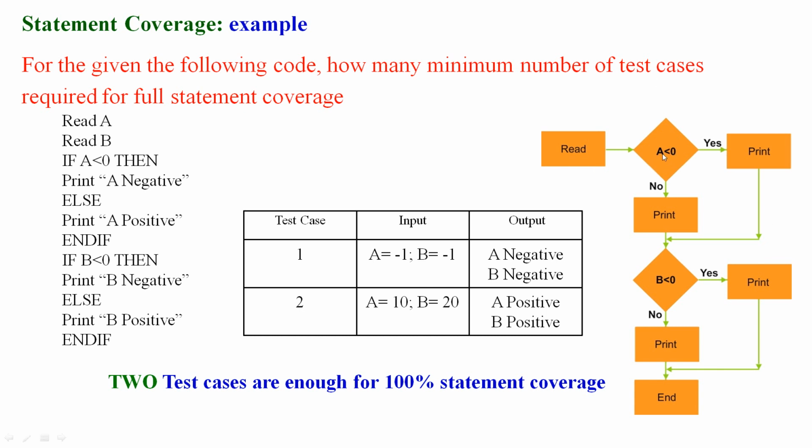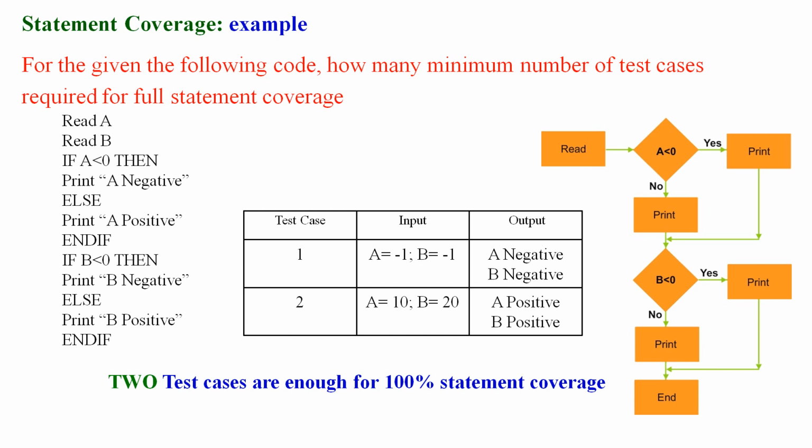Yes, because -1 is less than 0, print A is negative, then directly it will jump to B. B is less than 0, yes, it is true, and print B is negative, directly it will come here, end. This is the first set of input.